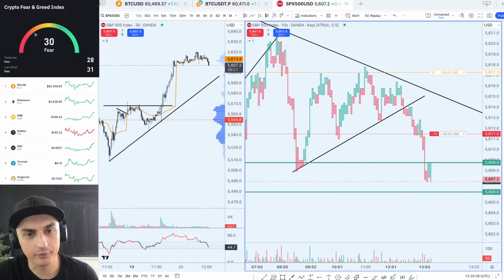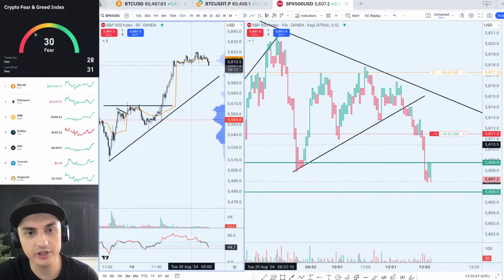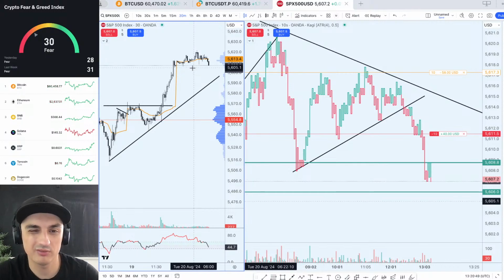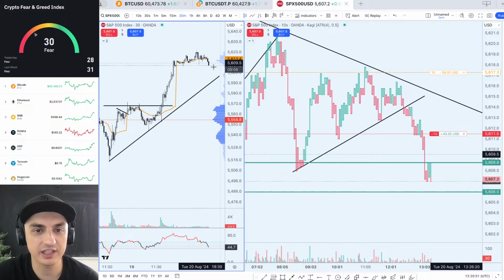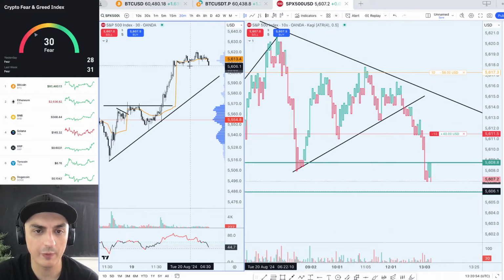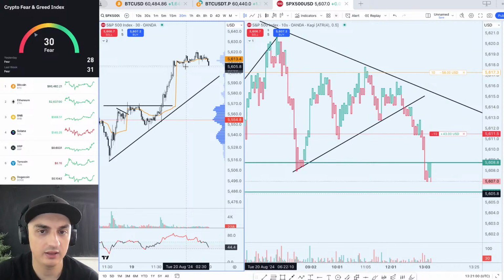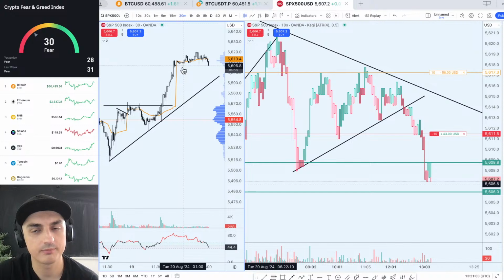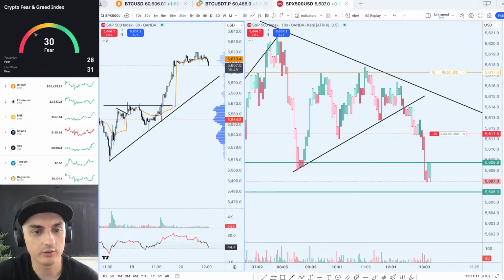We got a breakout from the opening range, which is still technically a breakout. However, I really track this number, 5 6, and that is going to be a better breakout marker to me. So let's wait on this one.